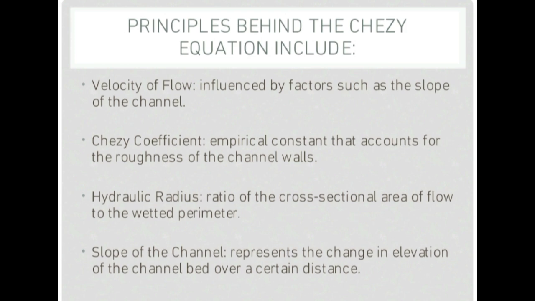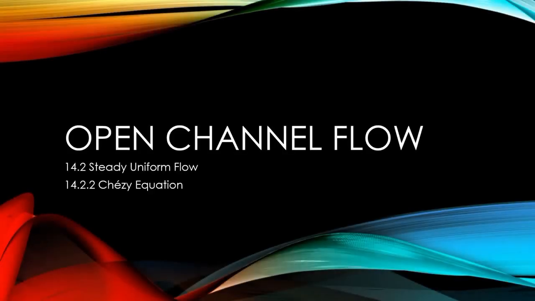The slope of the channel, often denoted by S, represents the change in elevation of the channel bed over a certain distance. It drives the flow of water down the channel due to gravity. In this lesson, we will formulate the Chezy equation and compare it to the Darcy-Weisbach equation.